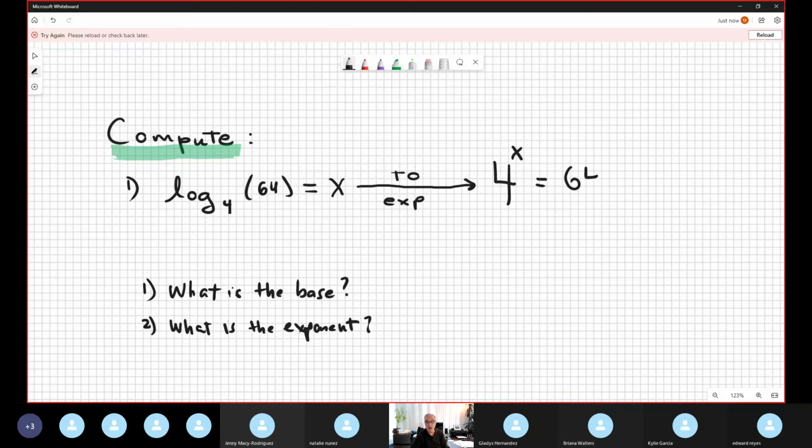So 4 to the x equals 64. Now you have one elementary exponential equation. You realize that 64 is 4 to the third power, because 4 times 4 times 4 is 64. Now you have two exponentials with the same base, therefore x equals 3. Boom, final answer.